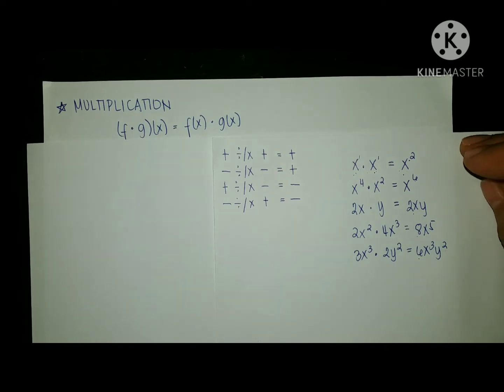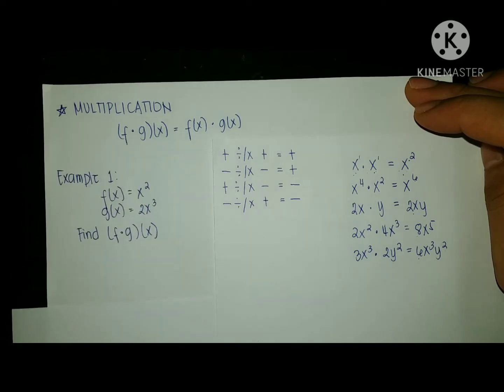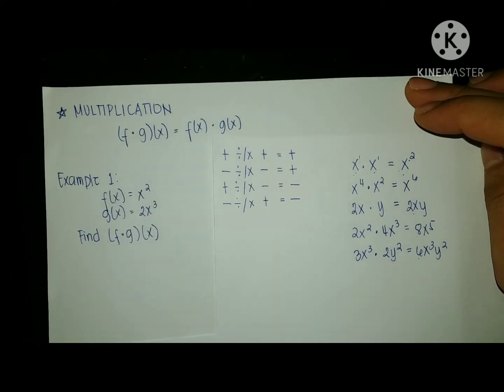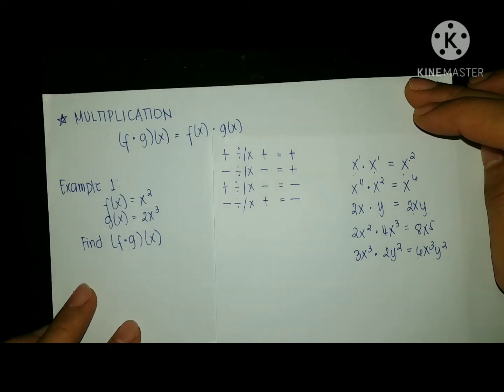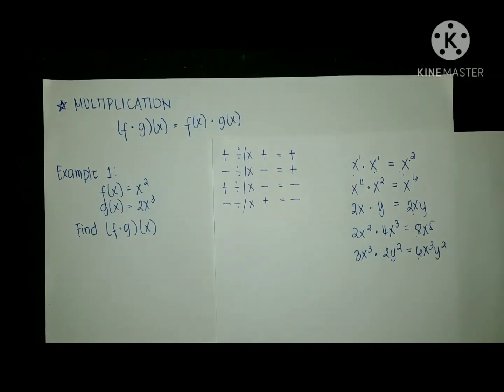Now, proceeding with multiplication of functions. First example, we have two given functions, f of x and g of x. f of x is equal to x squared and g of x is equal to 2x cubed. So find f times g of x.